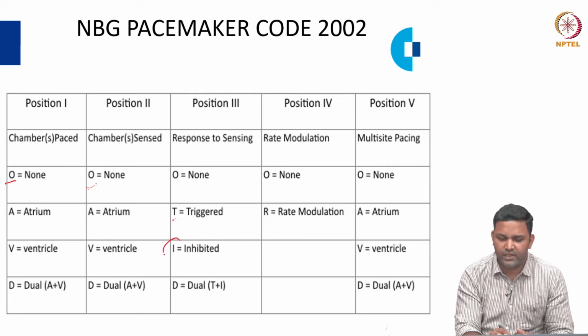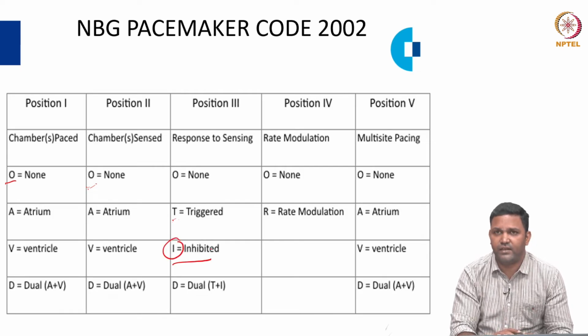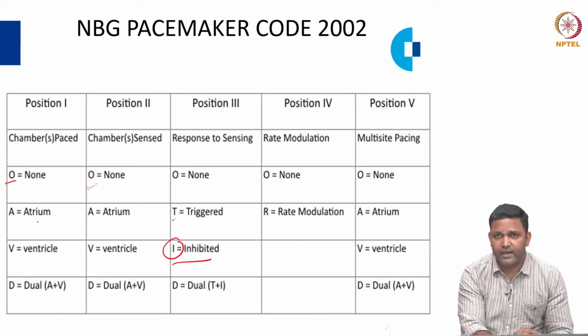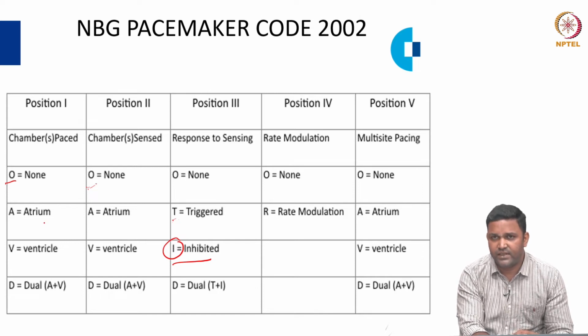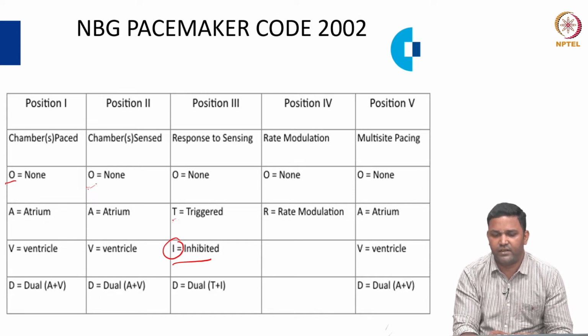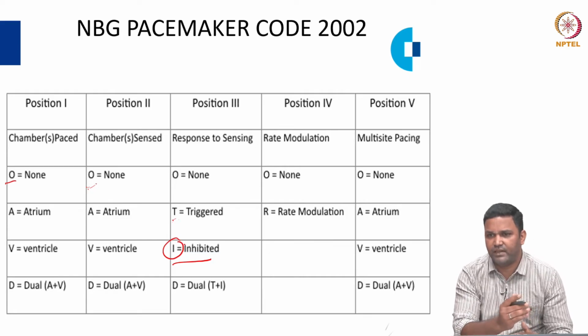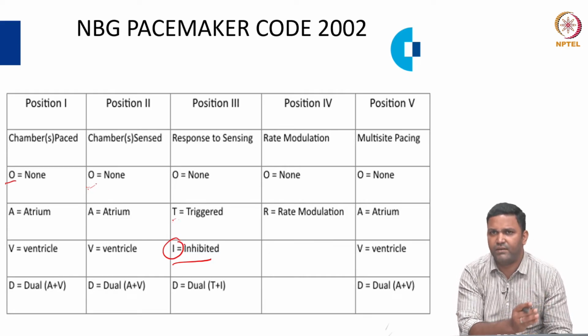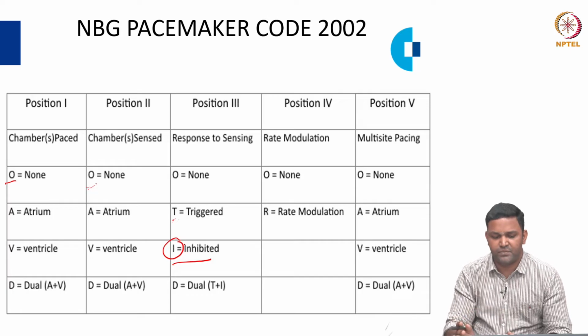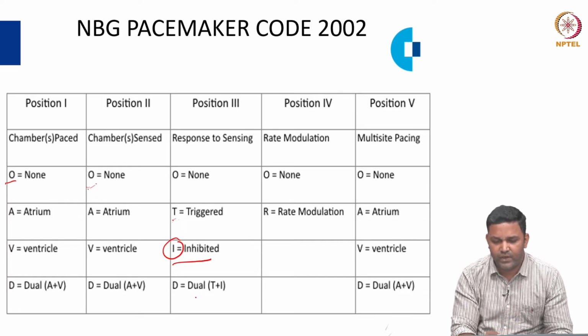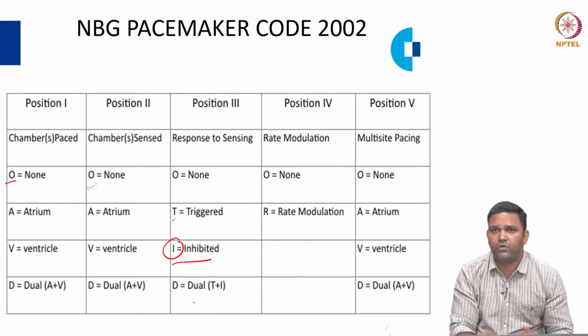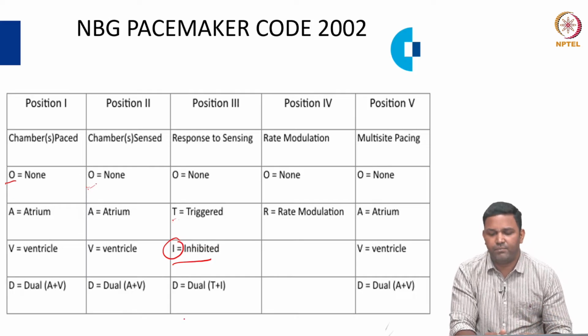If it is inhibited, then we include that in the statement. So we will say it is atrial sensed, atrial paced and inhibited: if there's already an atrial impulse which has come, it will not pace. Same with the DDD, where we can both trigger or inhibit the impulse.